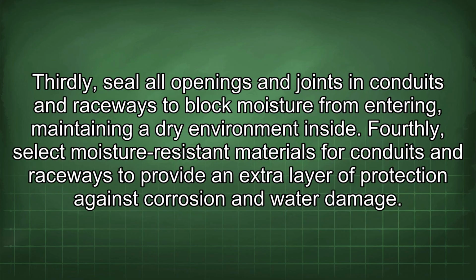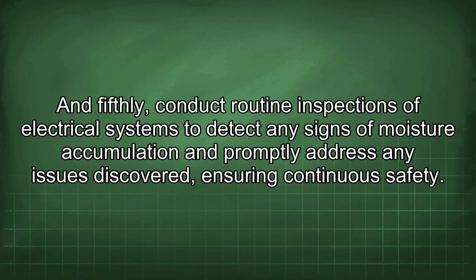Thirdly, seal all openings and joints in conduits and raceways to block moisture from entering, maintaining a dry environment inside. Fourthly, select moisture-resistant materials for conduits and raceways to provide an extra layer of protection against corrosion and water damage. And fifthly, conduct routine inspections of electrical systems to detect any signs of moisture accumulation and promptly address any issues discovered, ensuring continuous safety.